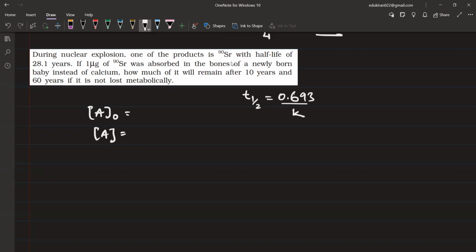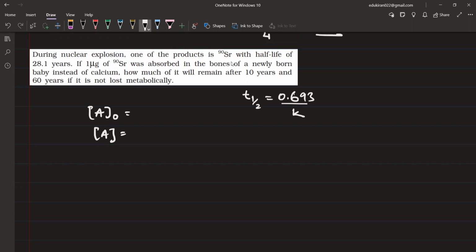What is the A naught? If someone can identify the A naught, then it is going to be really well. From this question, just by pure English, A naught is given in the question.